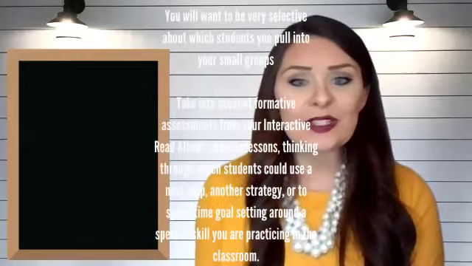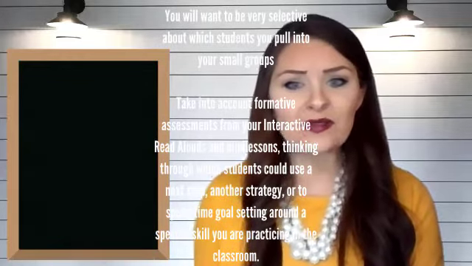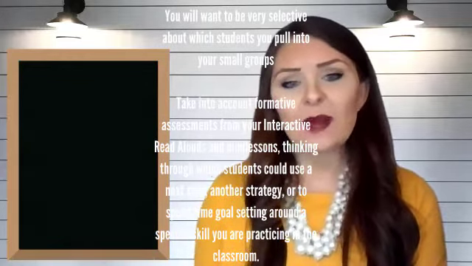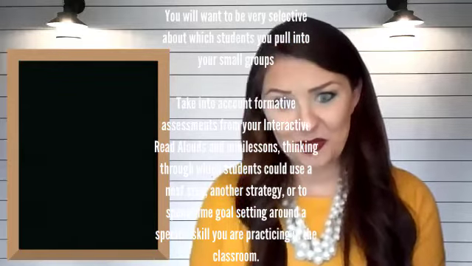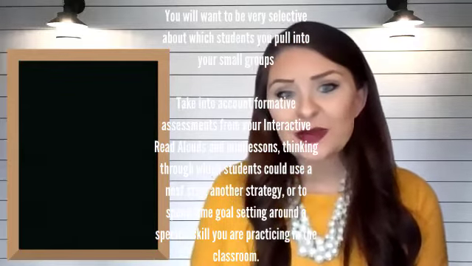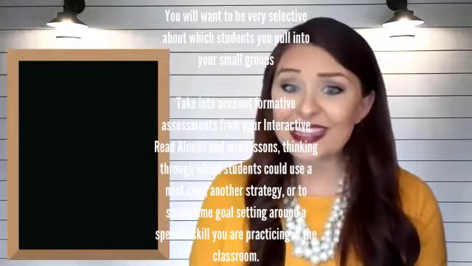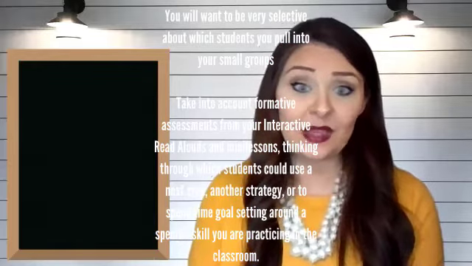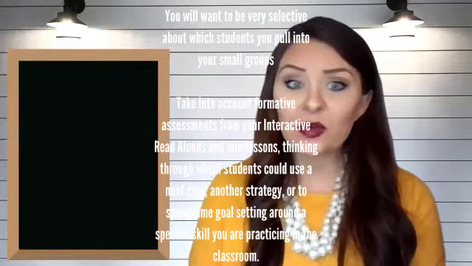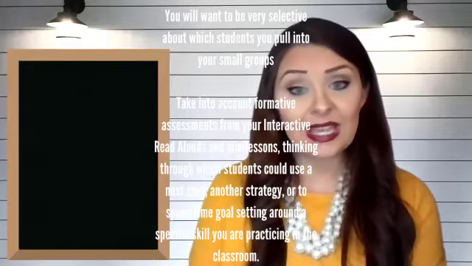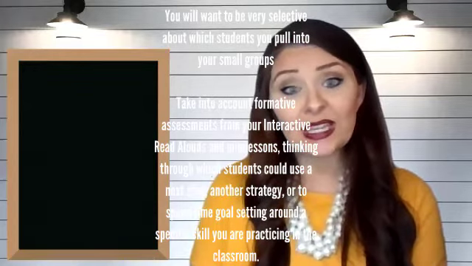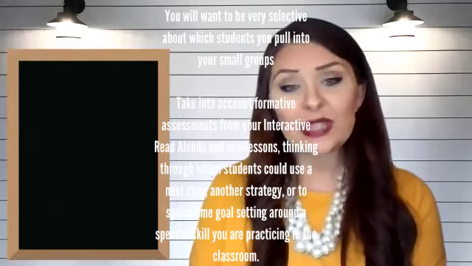So in thinking about small groups and thinking about who is involved, let's talk about how we might conduct a small group. Like we talked about earlier, there are a few methods and types of small groups. Today, we're going to focus on strategy groups, and even more specifically, we're going to talk about two types.